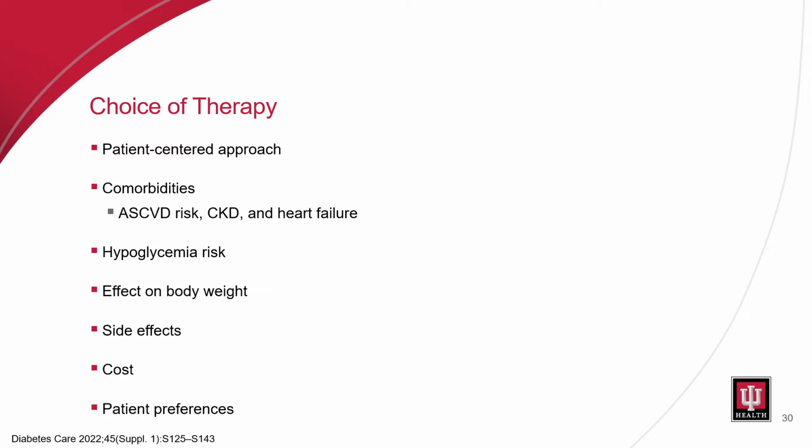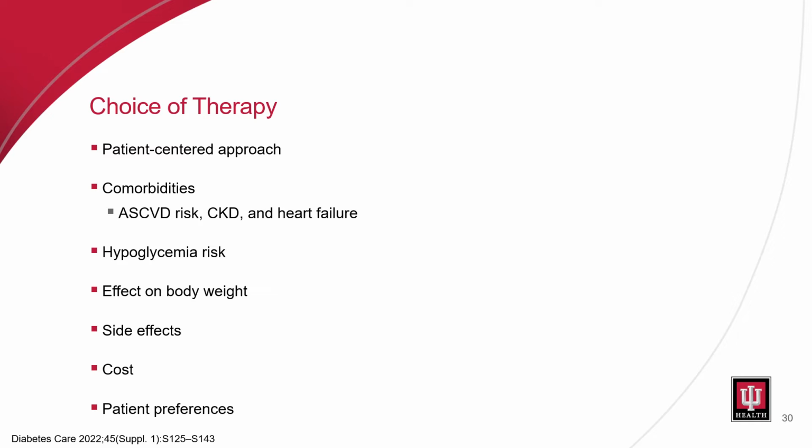Some factors that we may consider along with the patient is their comorbidities. Specifically, the standards of care document describes how to use atherosclerotic cardiovascular disease risk, chronic kidney disease, and heart failure to determine a treatment regimen, the hypoglycemia risk that the treatment regimen may provide, the effect on body weight.